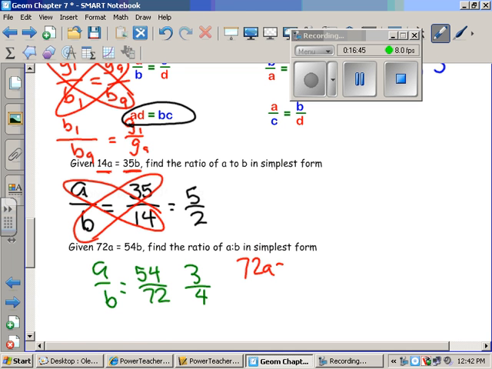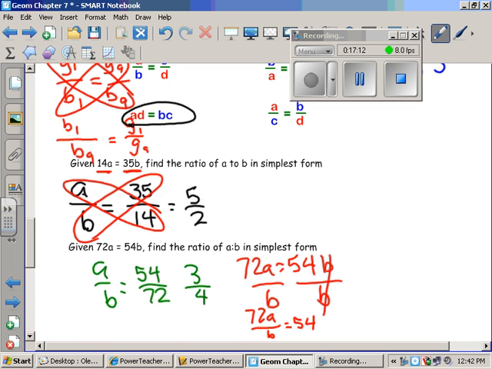72A is equal to 54B. I'm trying to find the ratio of A to B. So I'm going to try to get A over B on this side. So the first thing I'm going to do is divide by B so that I can get A over B over here. That would cancel those two, and I'd get 72A over B equals 54. Okay? I'm almost there.